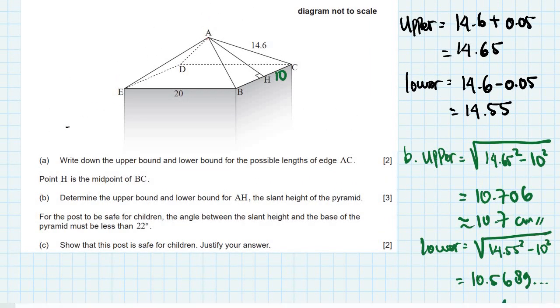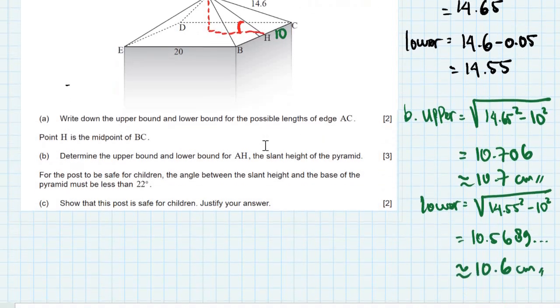We'll make a little triangle here to help us calculate the angle between the slant height and the base. The slant height is this, the base is this one. So this is the angle that we are looking for.